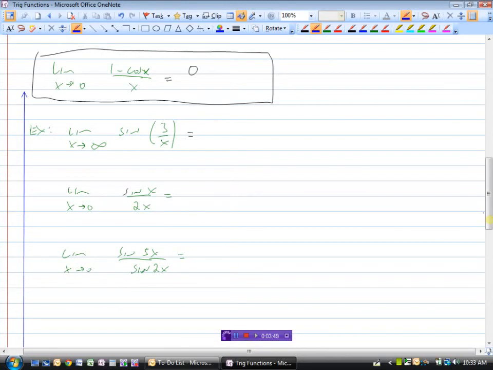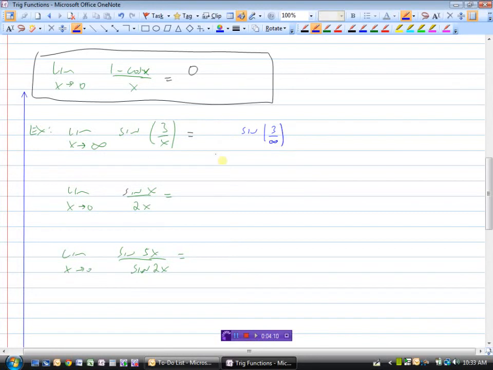Limit as x approaches infinity of sine 3 over x. This is a pretty easy one. We don't even need those identities for this one. We can just dump that infinity right in here.